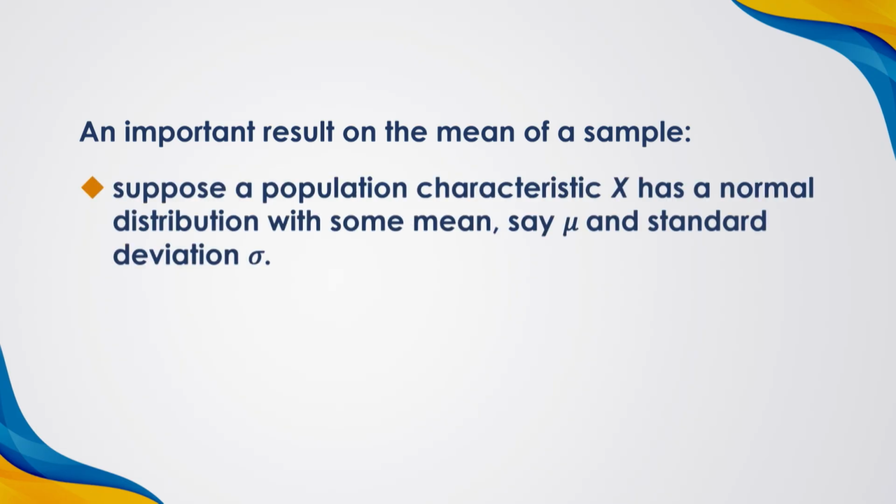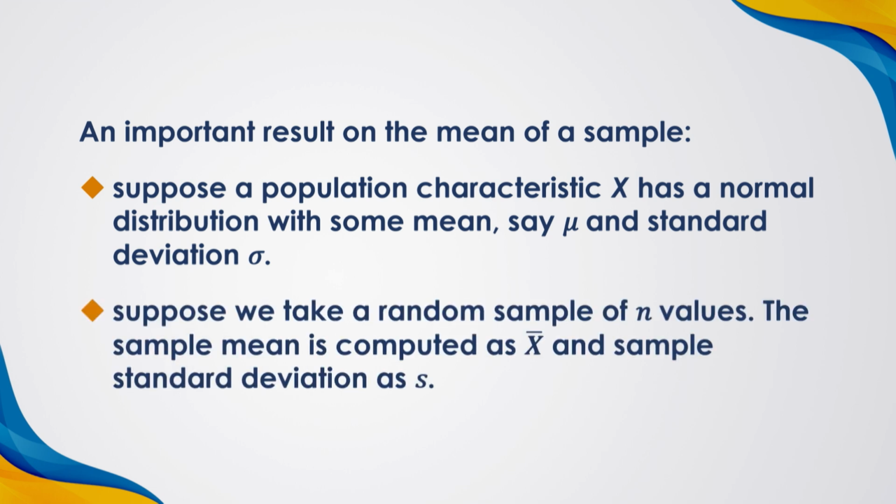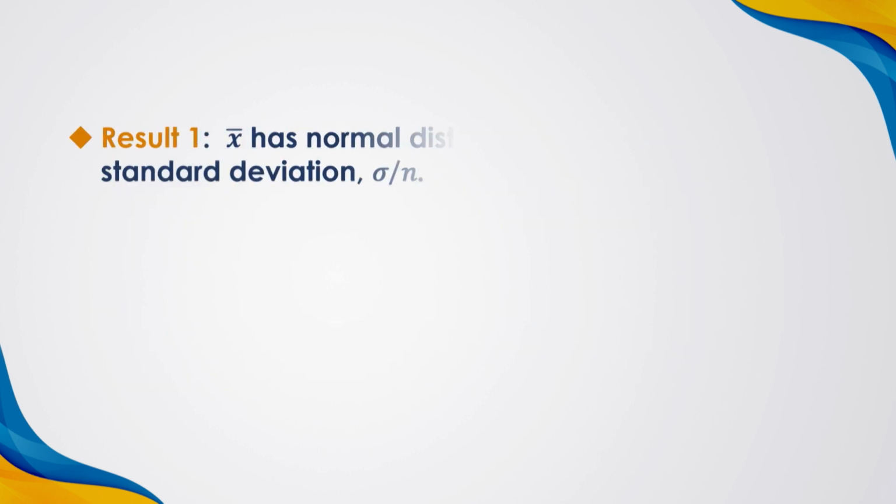An important result on the mean of a sample will be stated now. Suppose a population characteristic x has a normal distribution with some mean, say mu, and standard deviation sigma. Suppose we take a random sample of n values. The sample mean is computed as x bar and sample standard deviation as small s.